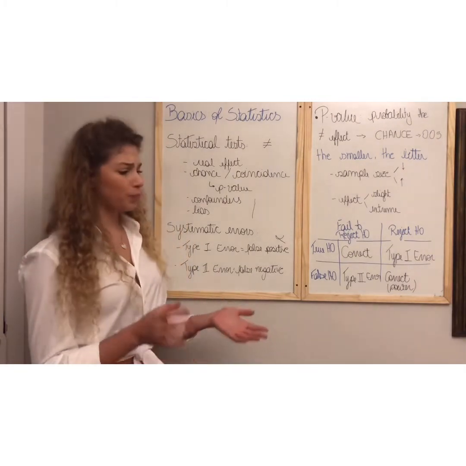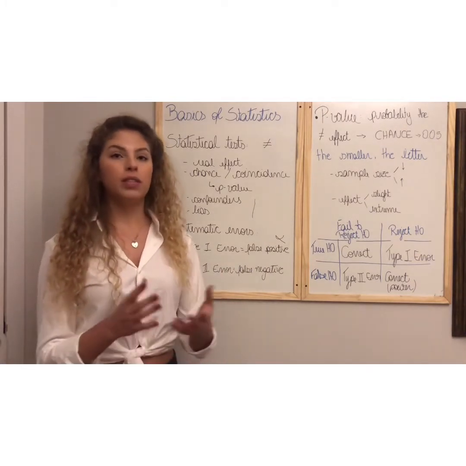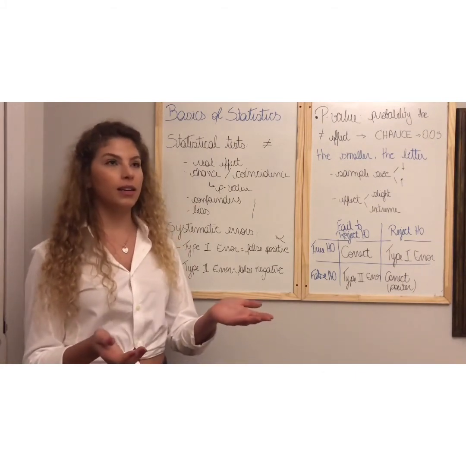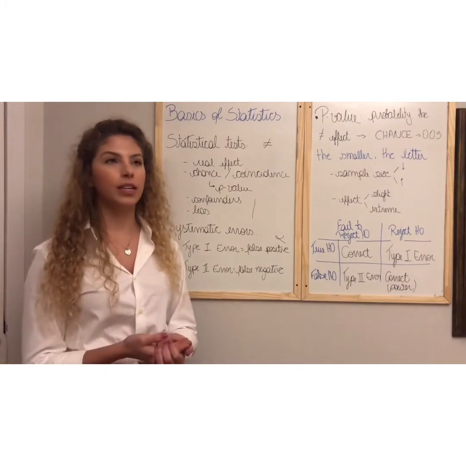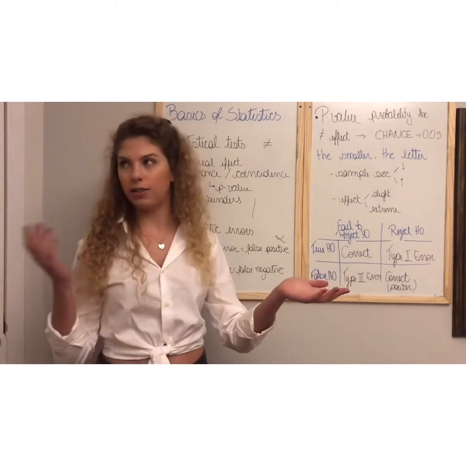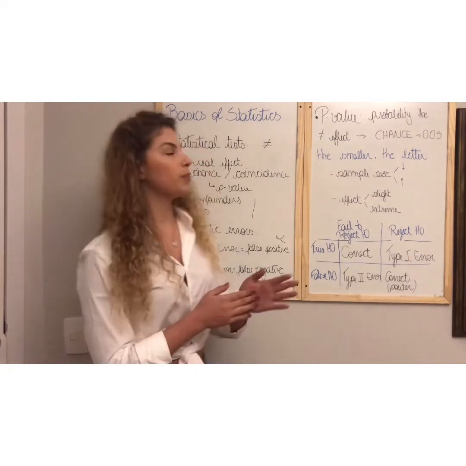So first we need to know if the difference we collected in our study results, the difference in effect, for example, of drug A and drug B, can be due to four factors.